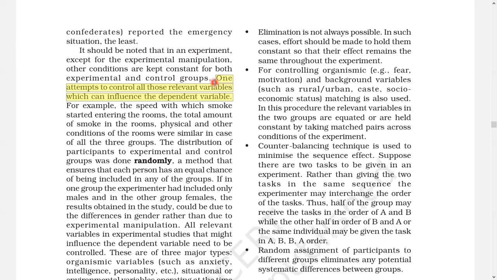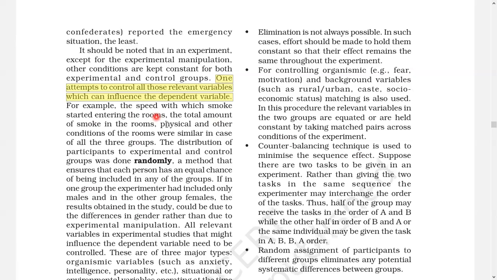Because the researcher will have a detailed control over what is influencing the behavior of the particular study variable. Okay, and for example, the speed with which smoke started entering the rooms, the total amount of smoke in the rooms, physical and other conditions of the room were similar in case of other three groups.